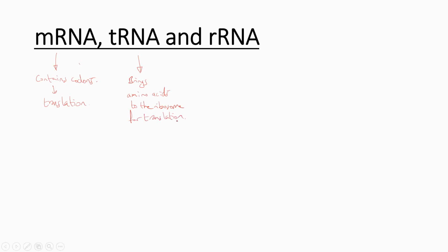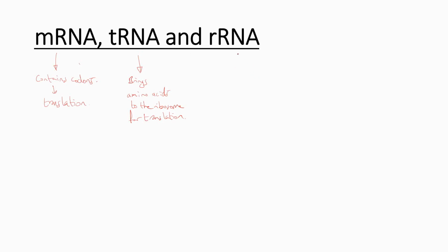The ribosome is a structure where translation occurs, where the sequence in messenger RNA is read, and this is used to make a polypeptide chain with a specific amino acid sequence. And we'll learn about this more in later videos. There are many different tRNA molecules. Each one brings a different amino acid.